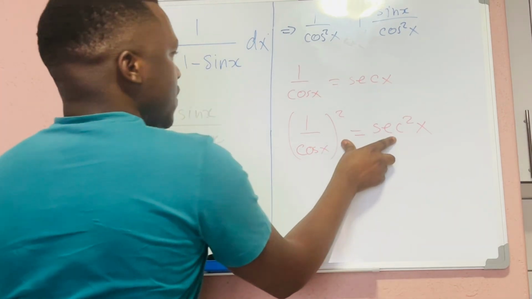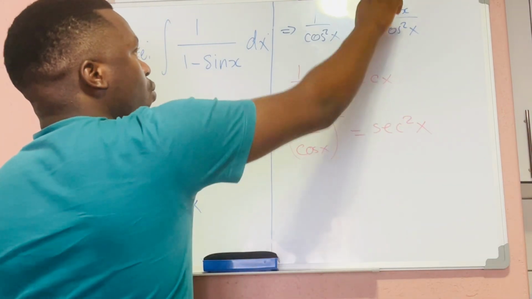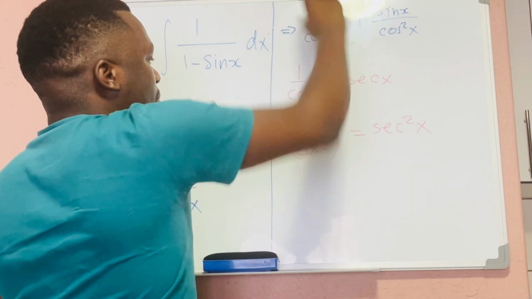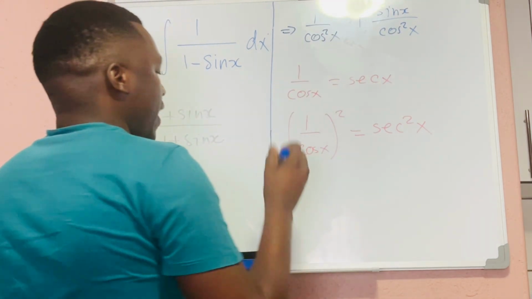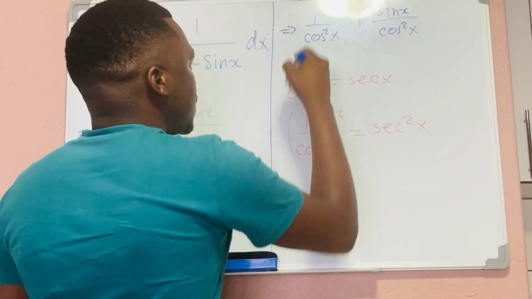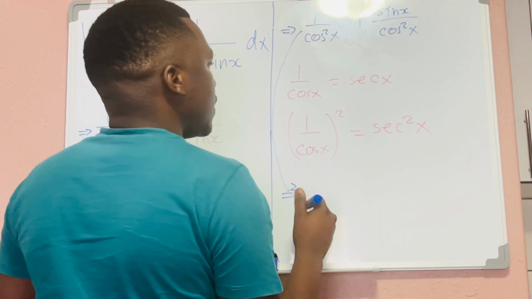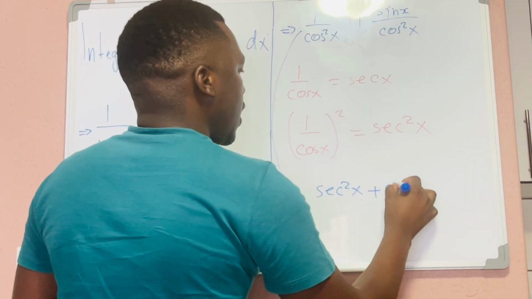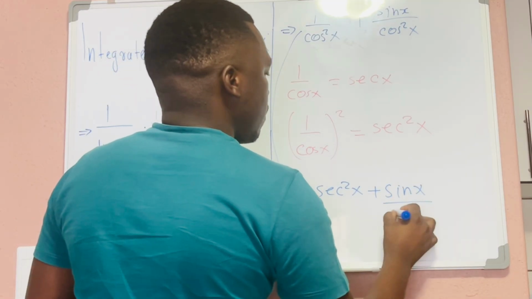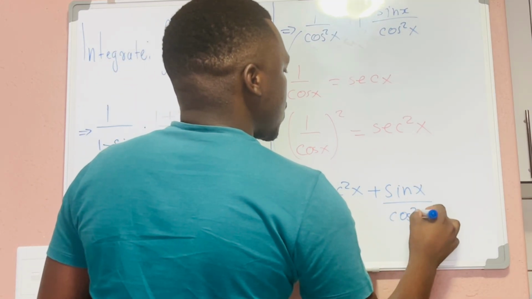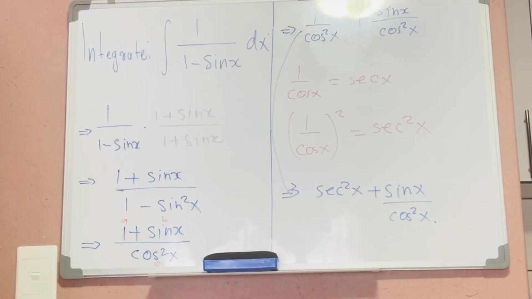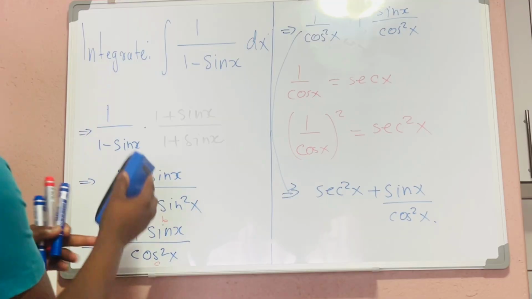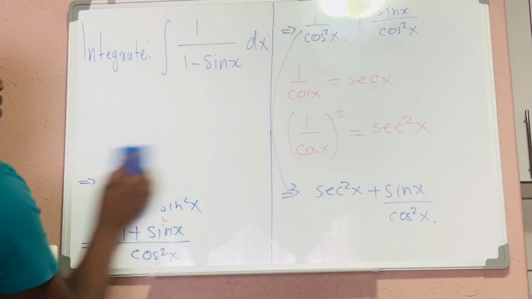So it means that I can replace that, this guy is the same as the secant squared of x, and the sine over the cosine squared of x, right? So that's what we have there. So I'm just going to try and make space here.